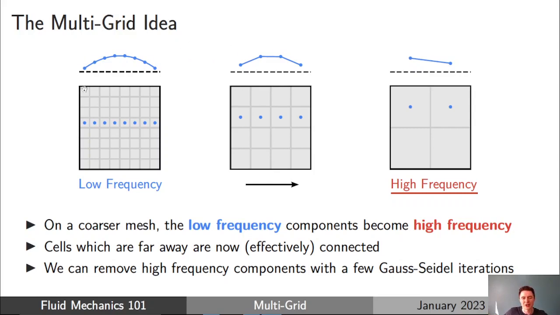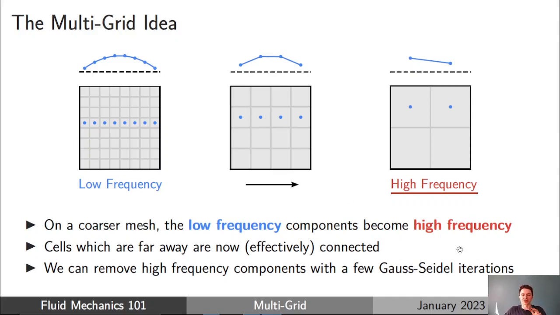And once our low frequency components of the error become higher frequency, we can then use the Gauss-Seidel algorithm that we saw before and remove those high frequencies, because the Gauss-Seidel algorithm is very effective at rapidly reducing the high frequency components of the error. And ultimately, that's because the Gauss-Seidel algorithm uses a weighted average of the neighbor cells that surround each cell.